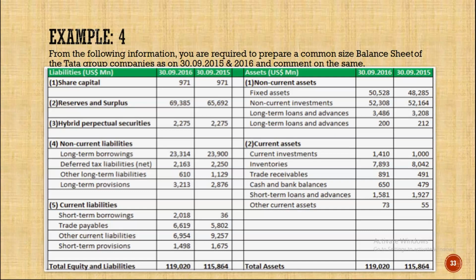And it is expected that you should prepare a vertical common size position statement and comment on the same. So let us see how to convert this data into a common size statement.